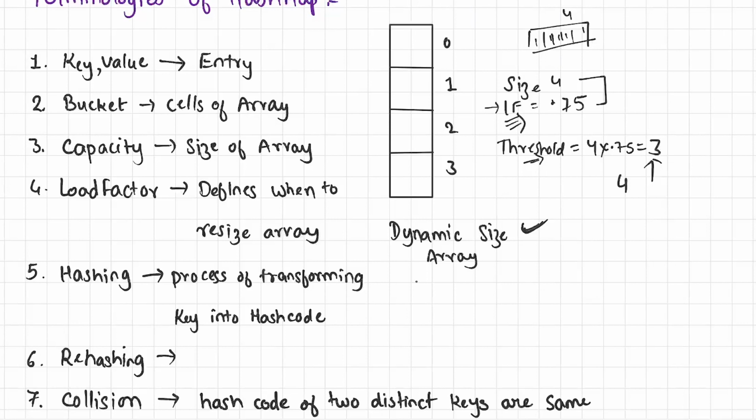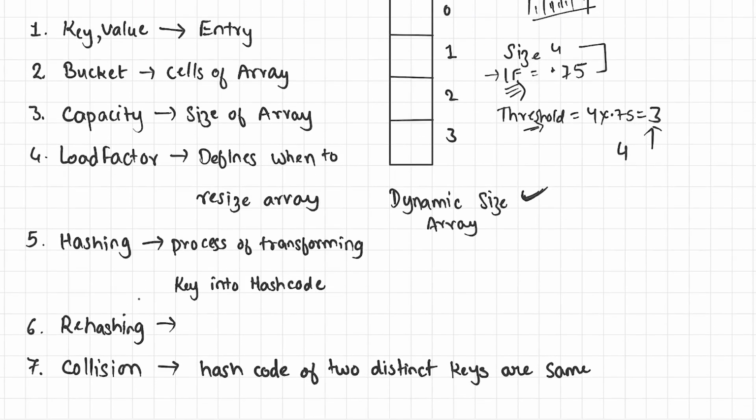That is why HashMap internally computes the hash code of the key, and that hash code is nothing but the index of the array at which the specific key value pair should be inserted. Now the next terminology is rehashing. Rehashing is similar to hashing. When we apply hashing to already inserted entries, we call it rehashing. I will explain rehashing in detail in a bit.